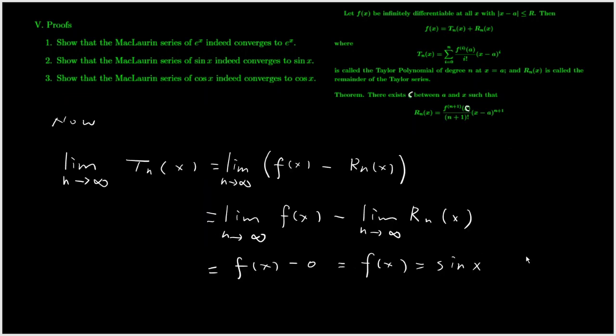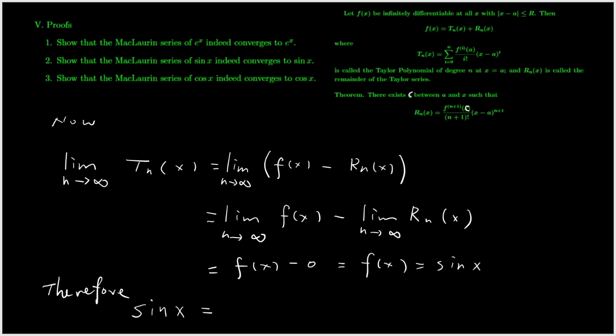Now we can draw the final conclusion. Therefore, we can write the following equation with confidence now. The following is the Maclaurin series representation of the function sine of x. Sine of x equals, I'm going to remove all the 0 terms.